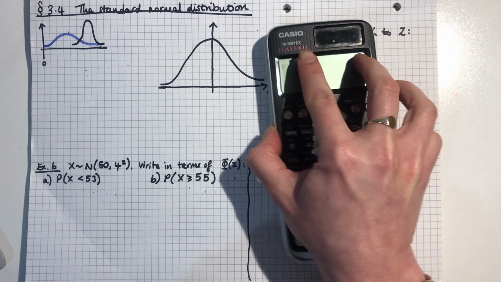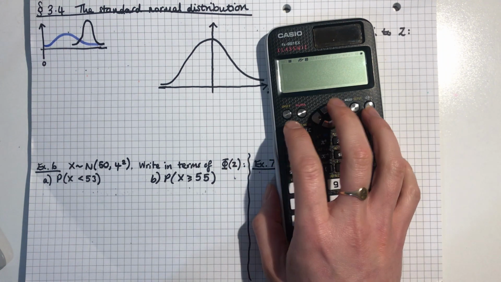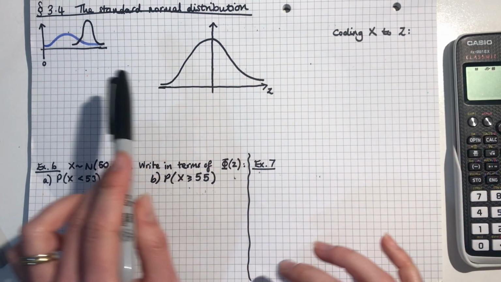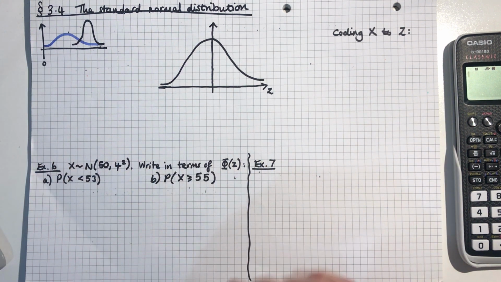Of course, we've got these calculators now, but there are still times where we need to do this process, this standardising of the normal distribution, especially when we're dealing with unknowns and algebraic equations rather than specific numbers. So you need to learn the process of standardising the normal distribution first, and then you'll have a look at some more complex examples in the next video.